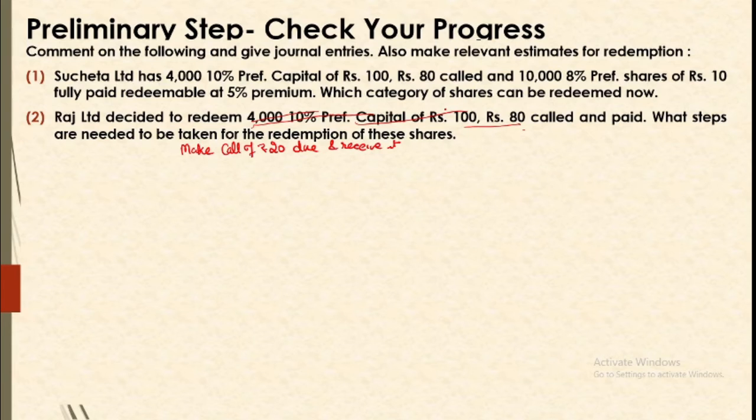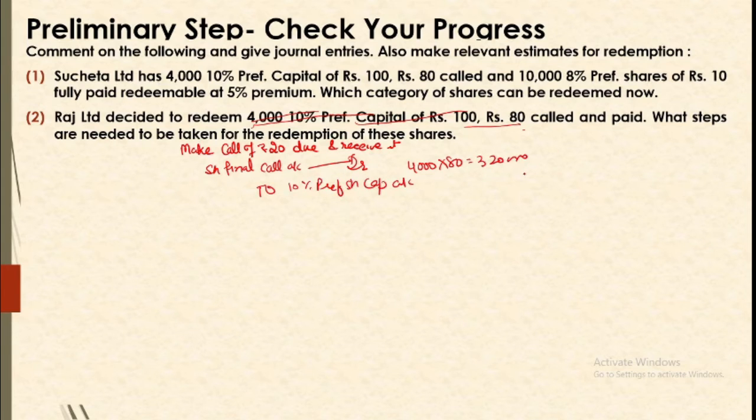Okay, so your journal entry will be share final call account debit. You are making it due, so you are going to receive this amount. So whatever is expected, what we want to receive is debited. So 4,000 shares at the rate of 80 rupees, that is 3,20,000 to 10% preference share capital account.